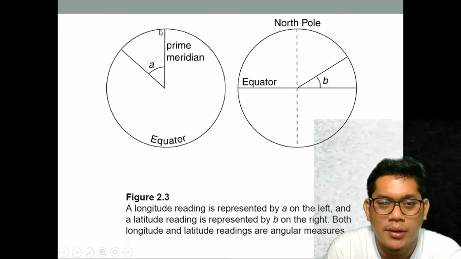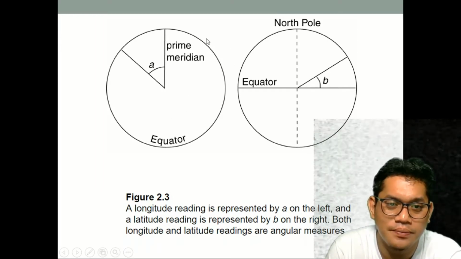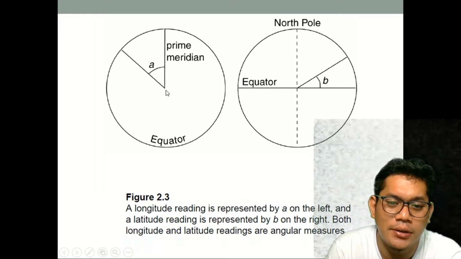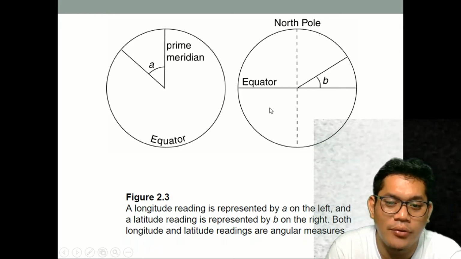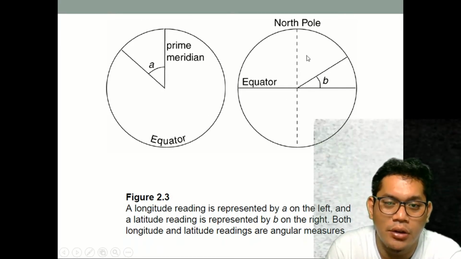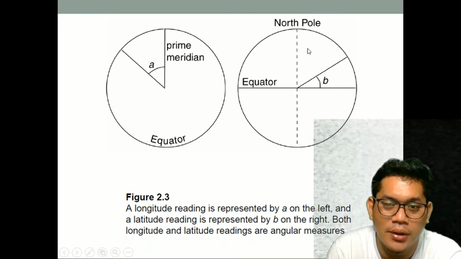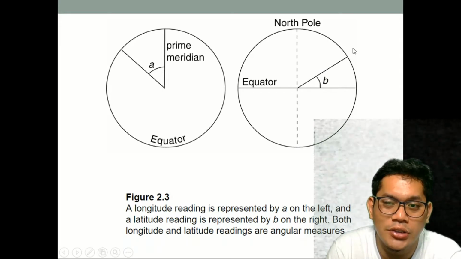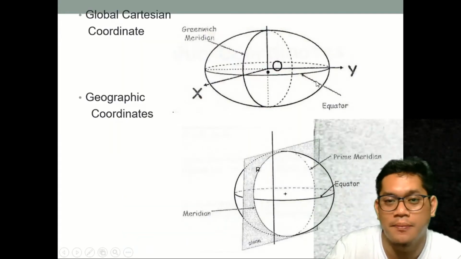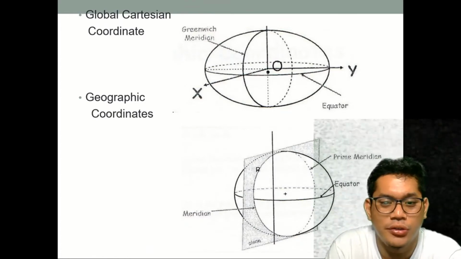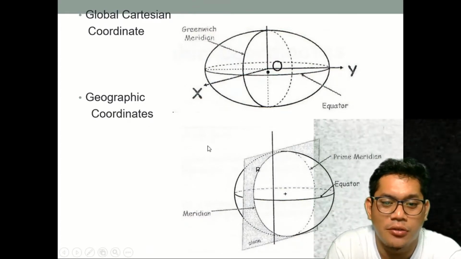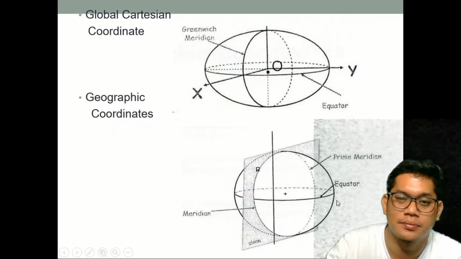By having a prime meridian and the equator as representations of left and right, and the north and south poles, the angle locations can be determined, thus showing where we are. These are the geographic coordinate systems that we use.